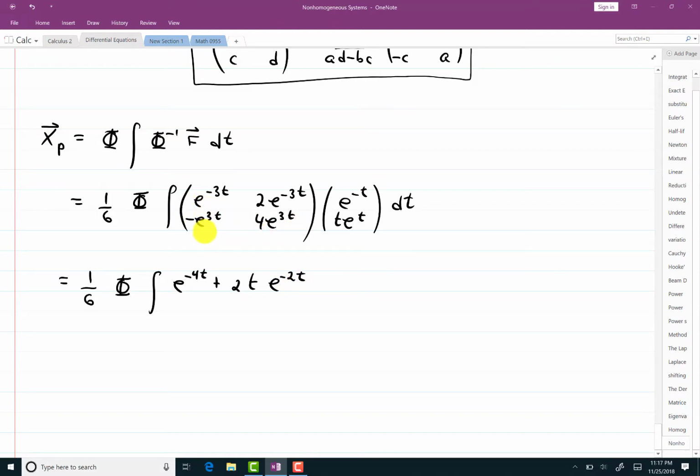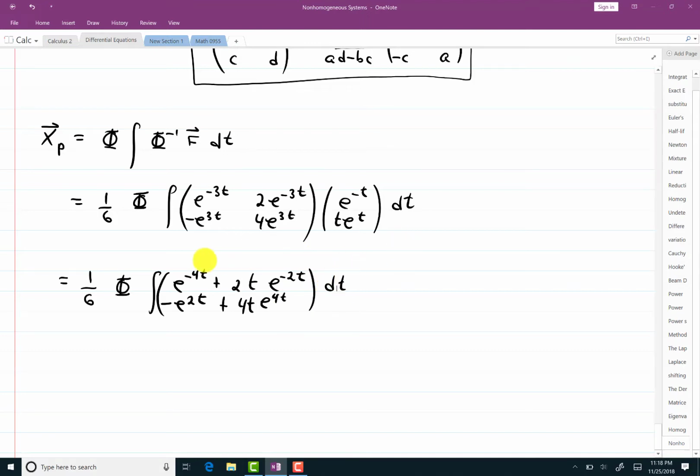And then I'll go to my next row. I have negative e to the 2t plus 4e to the 4t, or t e to the 4t dt.